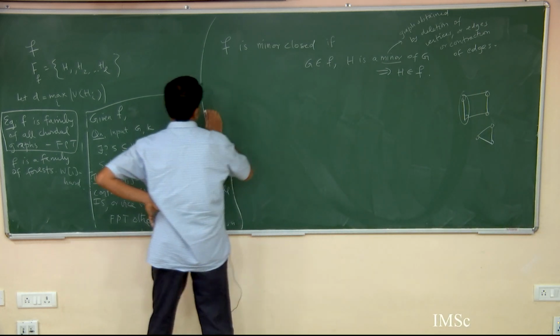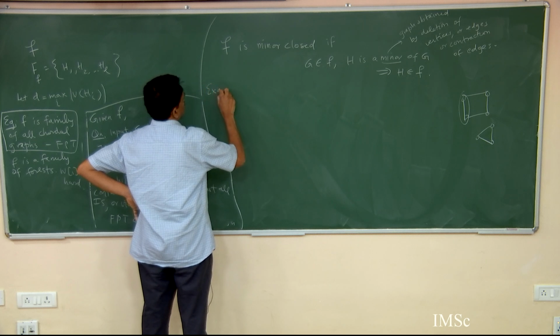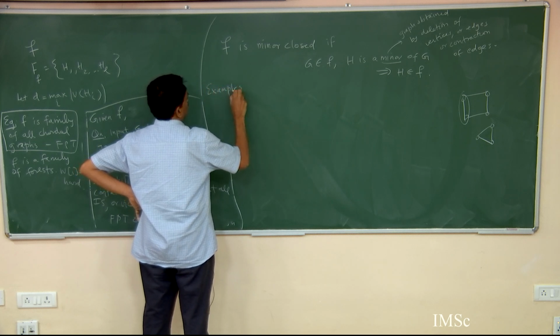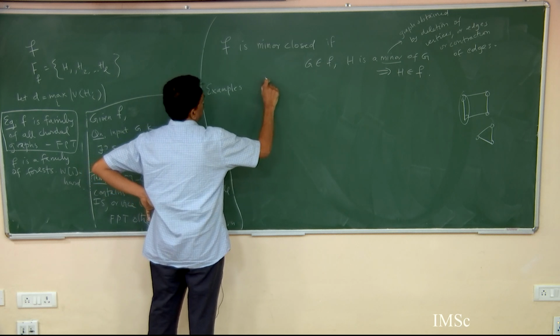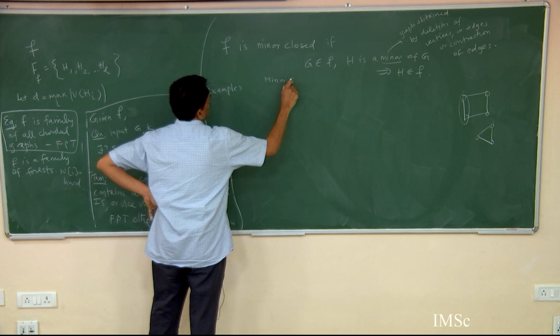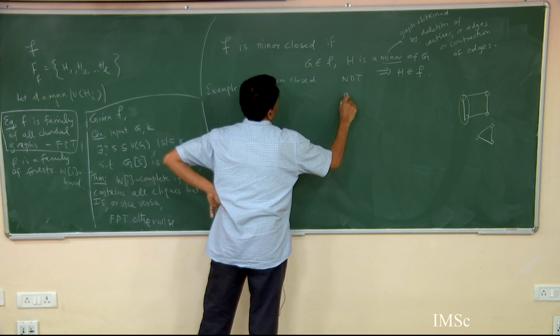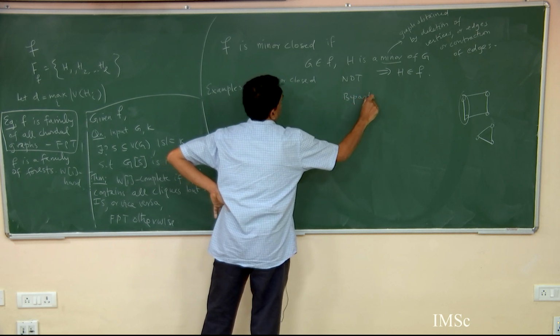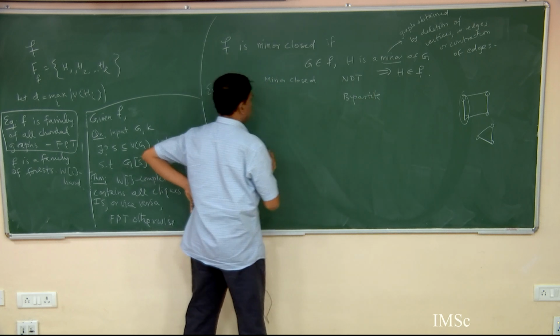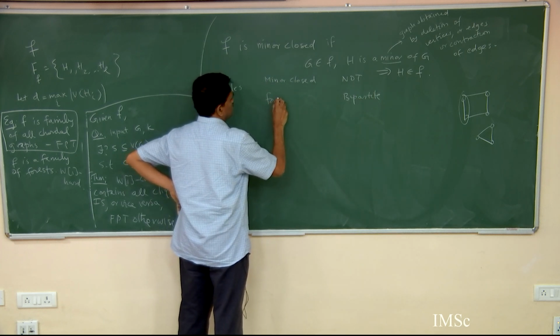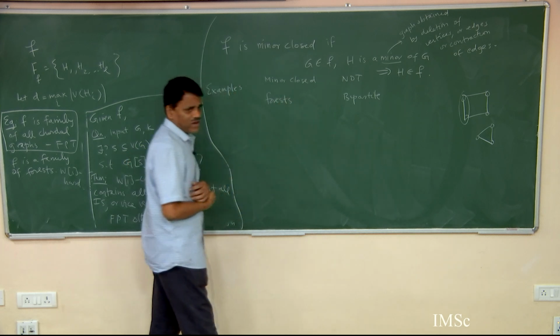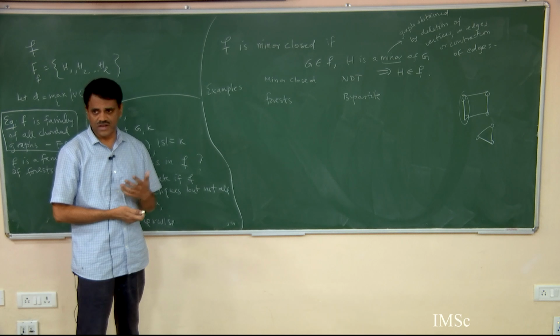So examples of minor closed and not minor closed: bipartite would be not, because by contracting an edge you can create an odd cycle.